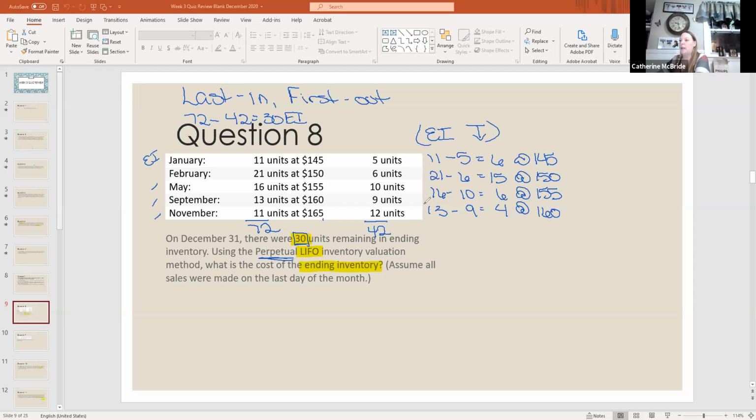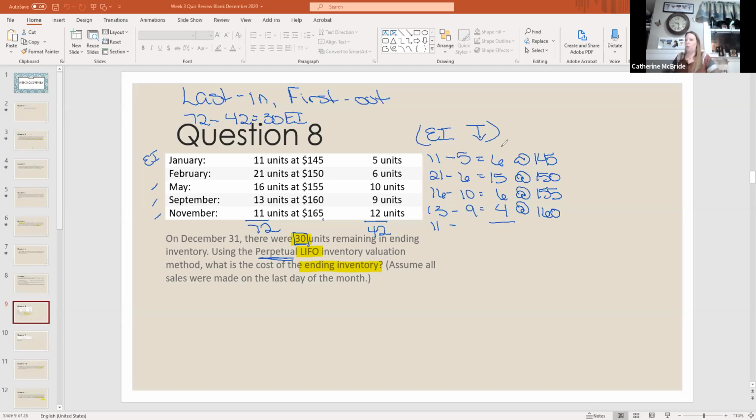And then the last row, we had 11 units. Oh, we don't do the last one. Let me get the calculator. 6 plus 15 plus 6 plus 4.